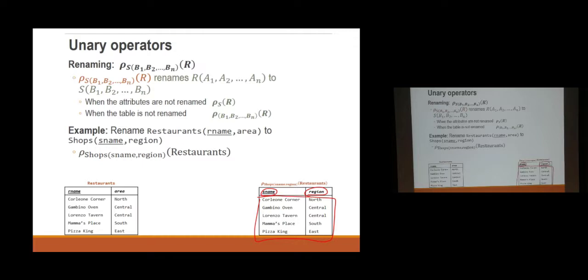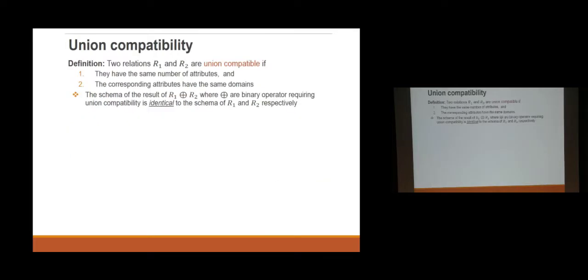Okay, before we move on to the binary operation, because binary operation requires you to give two relations, we need to define something first. This is what we call the union compatibility. Okay, so this is quite a mathematical definition, but it basically just says that they must have the same number of attributes, and each attribute must have the same domain.